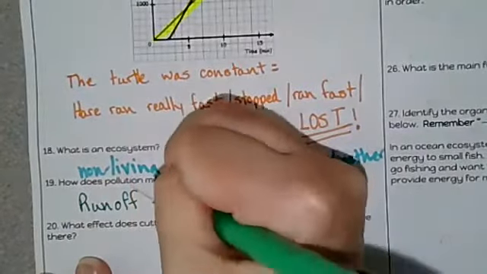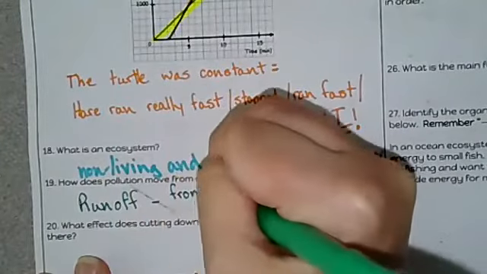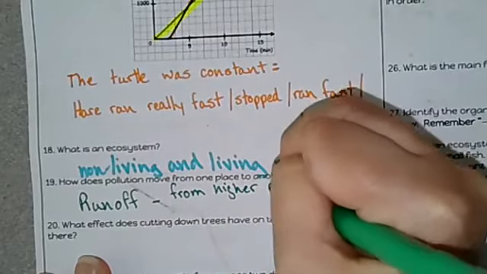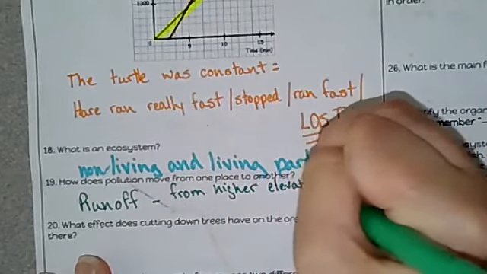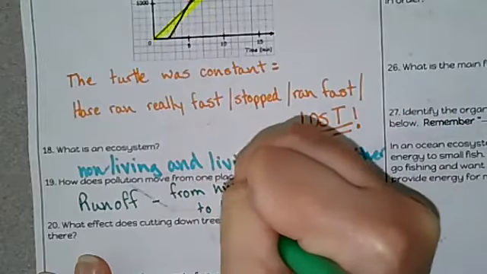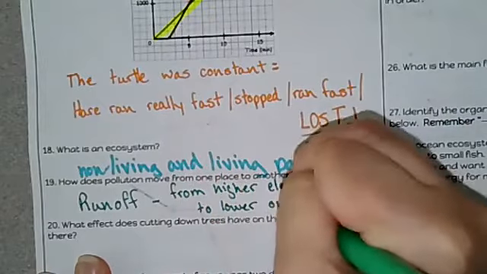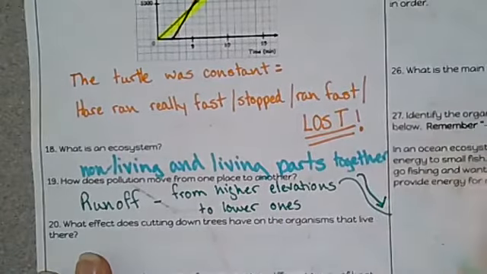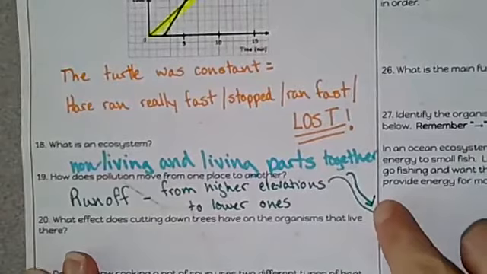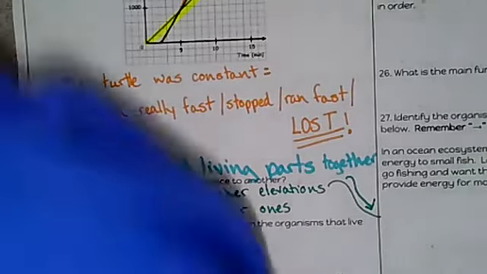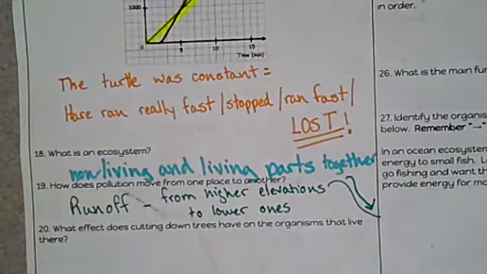Runoff from higher elevations to lower ones. That's it. Just draw a little hill. The chemicals and all the bad stuff just runs down the hill, moves from one place to another.